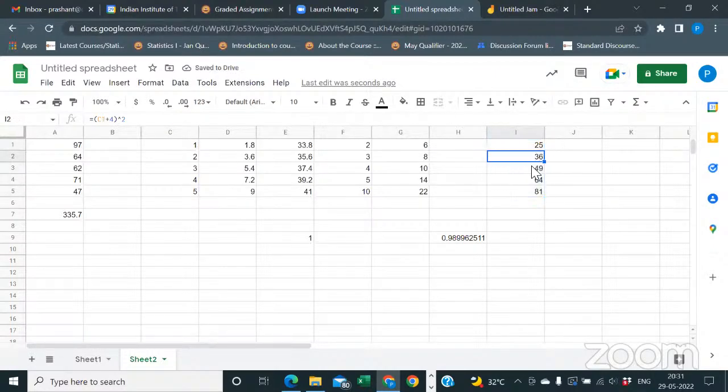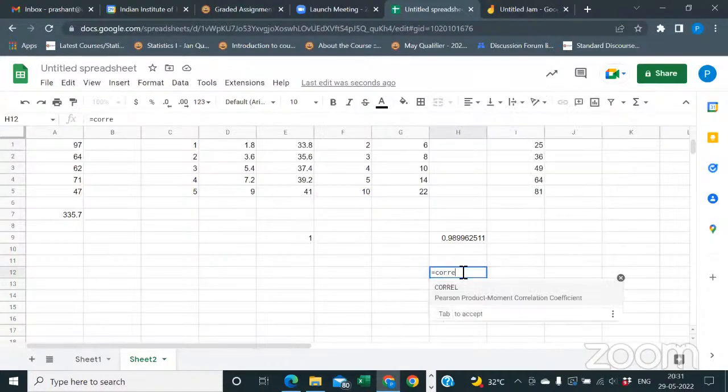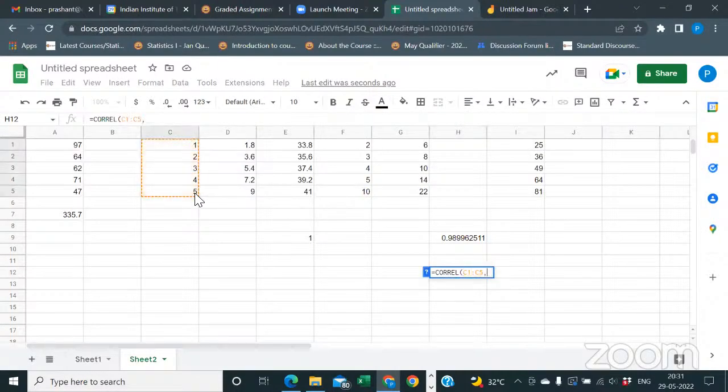Yes, these data. Now, if you are applying the correlation formula from this data to this data, you will get some value.